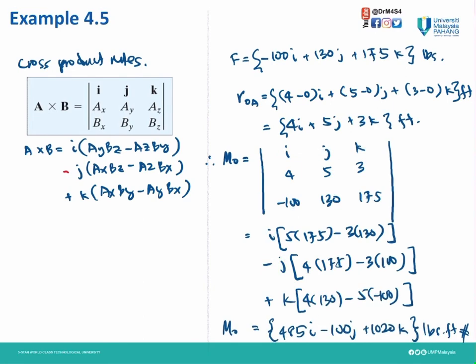So by doing that step, we get our MO. And always remember the unit, pound feet, because our F is in pounds and our position vector is in feet. Do write the unit for your answer.